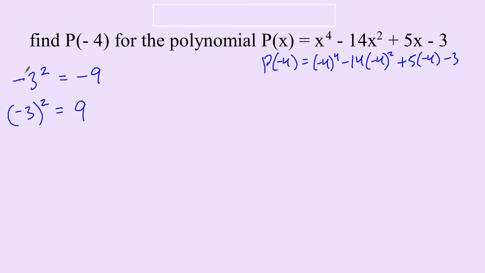It's because that negative is sitting out front. It's kind of like when we think of 2x squared. I'm only squaring the x, not the 2. So if I were to plug something in, just like what I did here, 14x squared, I'm squaring the negative 4, but not the 14. You see?